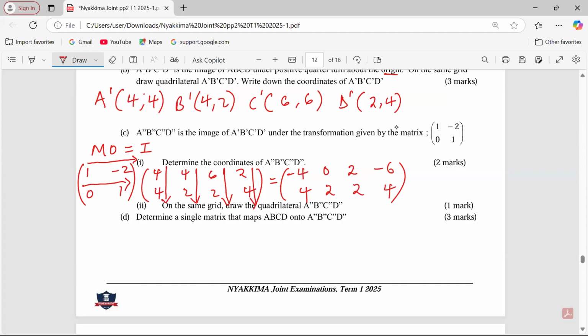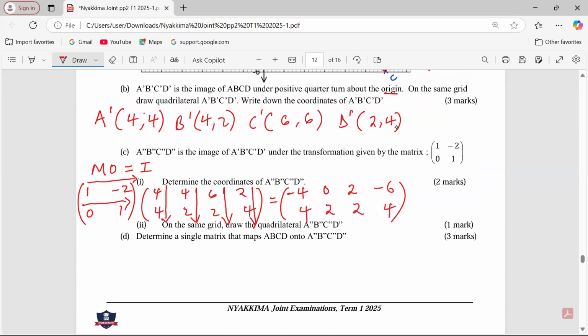That is how we get all of them. After this, now you can list the coordinates, because we were to determine coordinates. A double prime is going to be negative 4, 4. B double prime, 0, 2. C double prime, 2, 2.